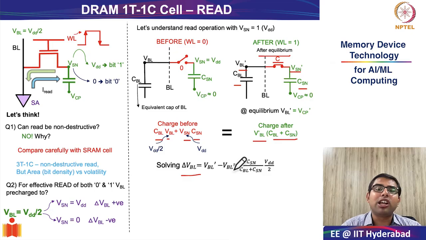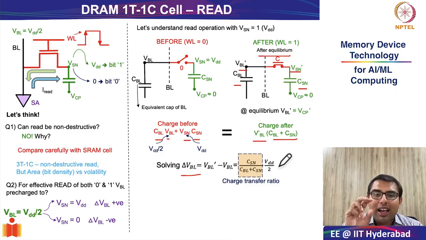So delta VBL will be nothing but CSN divided by CBL plus CSN, multiplied by VDD by 2. This ratio, CSN divided by CBL plus CSN, is called the charge transfer ratio.